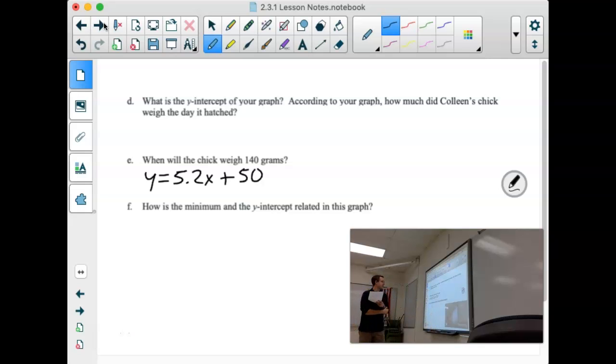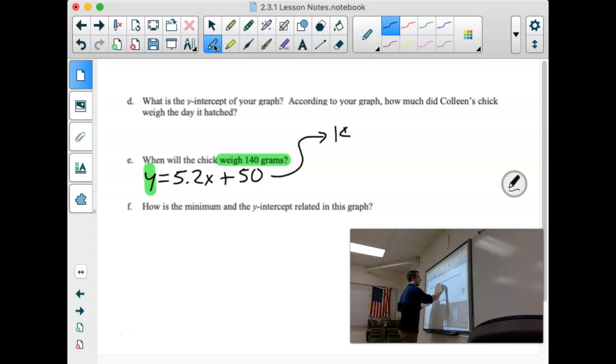If we put 50 in there, we want to figure out how many days it's going to be until our chick weighs 140 grams. When we know the weight, that is talking about our y value. So when we plug in 140, we set 140 equal to 5.2x plus 50.